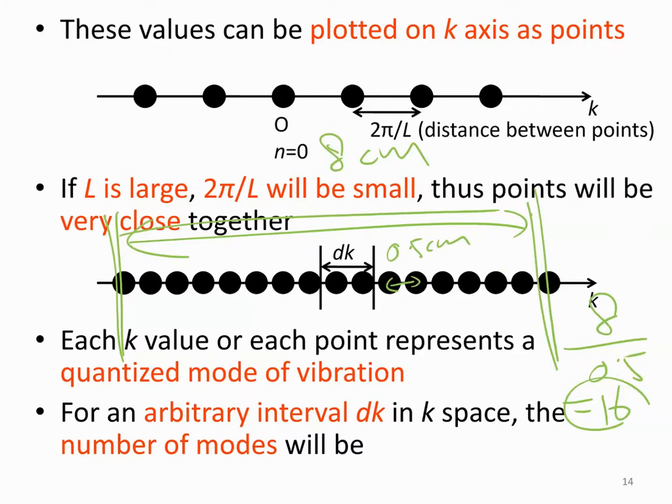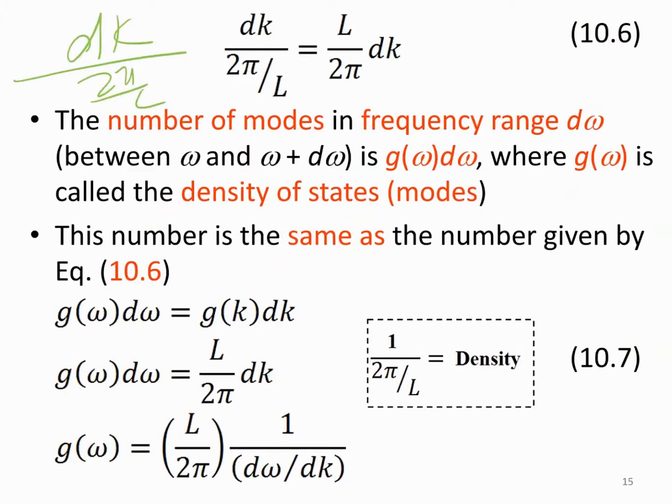But now, we want to know the number of modes in the frequency range of d omega. We know that the number of modes in dk should be the same as the number of modes in d omega. Why? Because k corresponds to omega by the dispersion relationship.